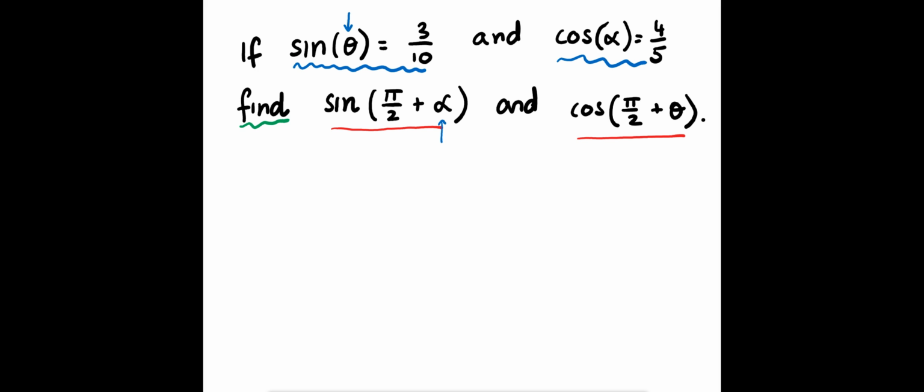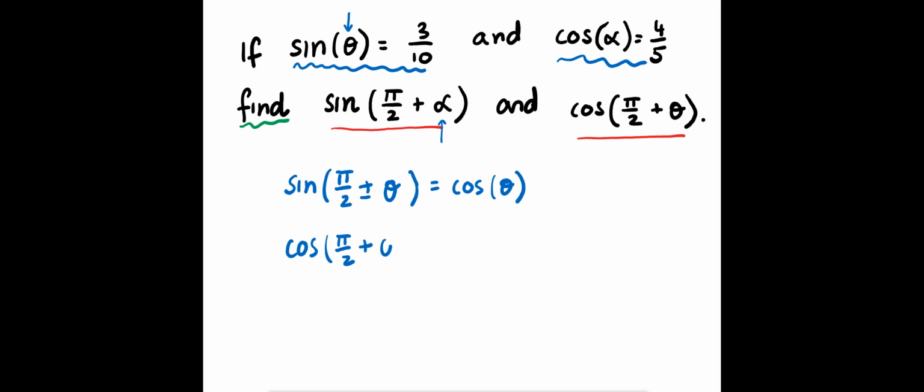Now one of the identities that we know is that sine of pi on 2 plus or minus any angle is just going to be cos of that angle. And we also know that the cosine of pi on 2 plus an angle is going to be sine of that angle.